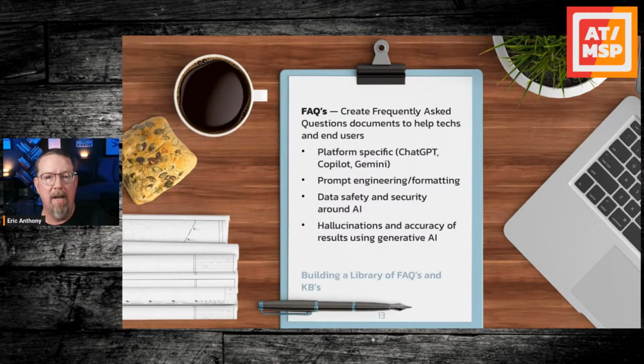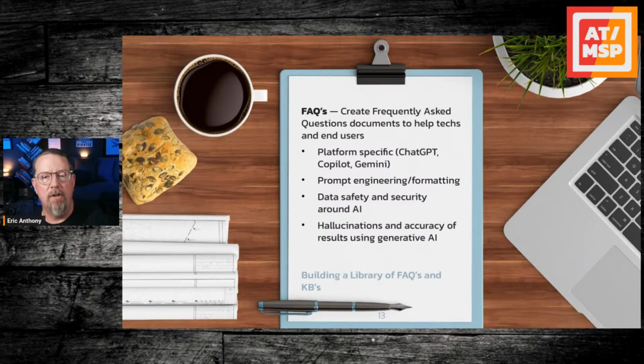Prompt engineering and formatting. Again, you could probably create a very quick document that gives them just a handful of choices as to how they're going to adapt AI for their use, and how they're going to use the different types of prompting and formatting to get the right results and get results in a format that are most useful to them.